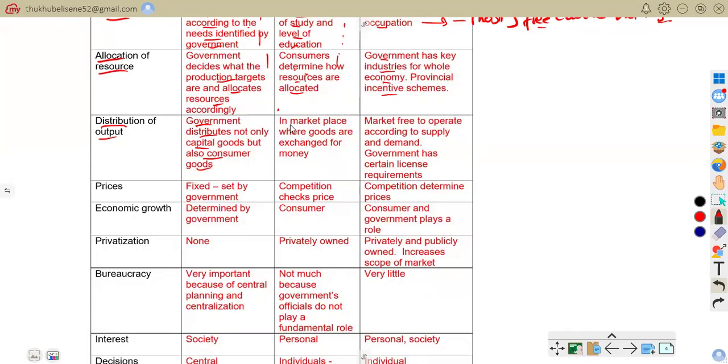But under market, goods are exchanged for money in the marketplace, so goods are sold in the market. But coming to the mixed economy, the market is free to operate according to supply and demand, and government has certain license requirements. So the market distributes, but government regulates.